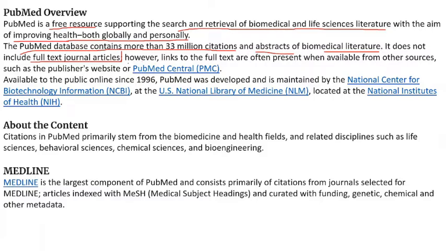Like I said, some publications take charges if you are referring to their research articles, and some research journals are completely free to each and every researcher or person who is looking for it. However, links to the full text are present when available from other resources.